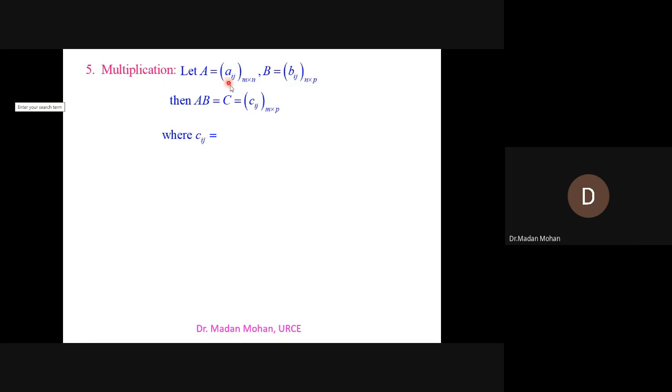See, Cij I am asking. Ith row, not first, second, third. See, Cij means here i row. Ith row of A multiplies with which column? J column. Very good. Ith row of A multiplies with jth column, then you will get Cij.